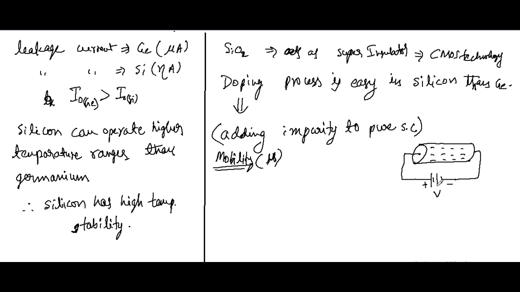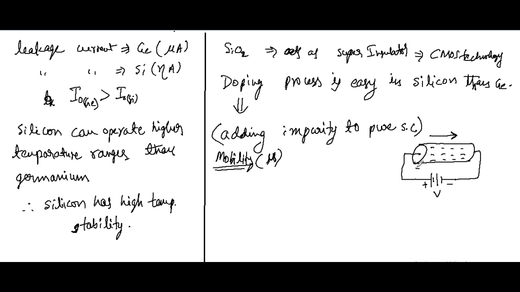Whenever an external DC voltage is connected to this conductor or material, the carriers are moved from one side to another side. If you assume this is a semiconductor, then the carriers move from higher potential to lower potential, in this direction.